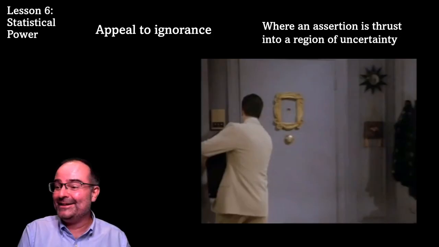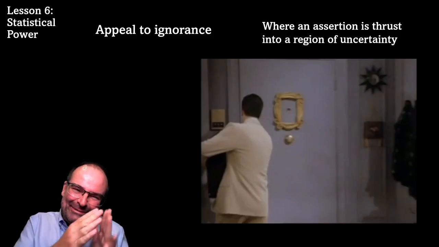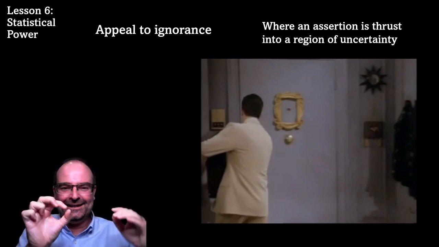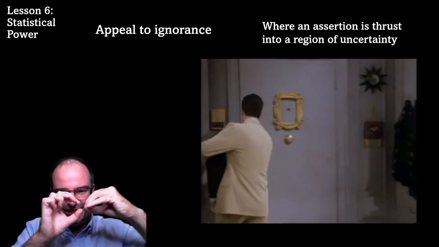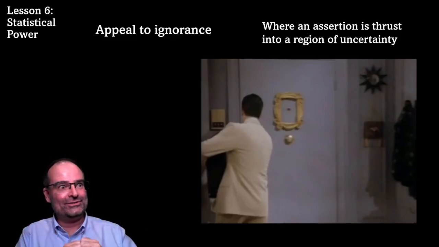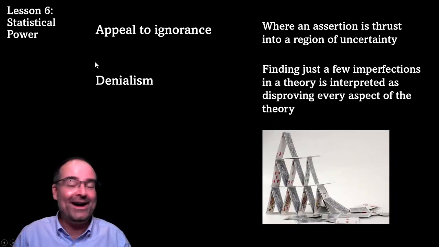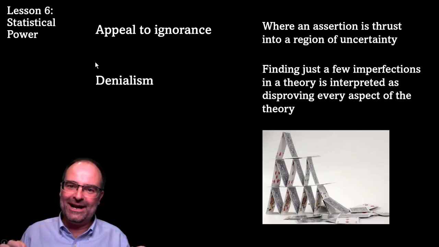What's most hilarious about this is that Phoebe just pokes this little hole and gets him to admit that there's a possibility, and that's the appeal to ignorance. She drives in, oh my God, you just collapsed and gave everything away. This is why I've got a picture of a house of cards.